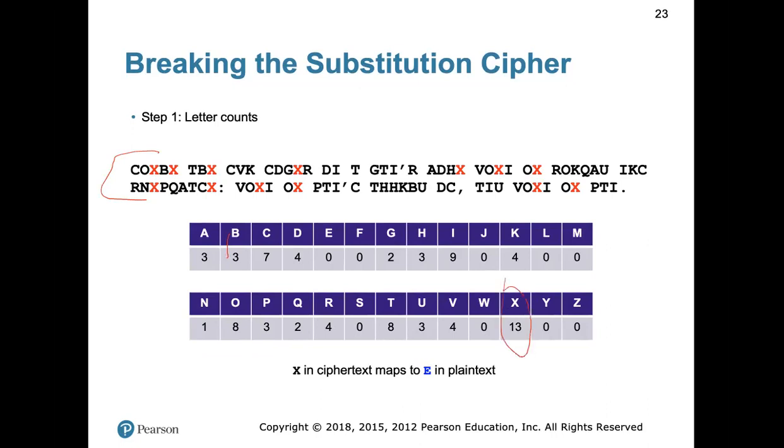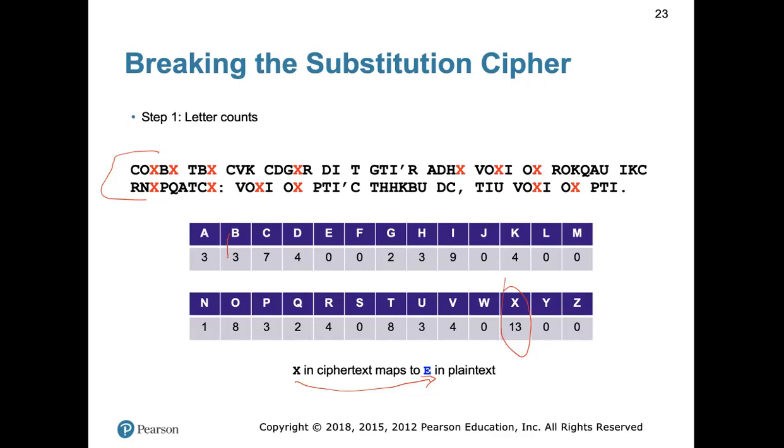X has repeated 13 times, and this implies that X should be E. X is used as a representative of E, which means that X in the ciphertext is E in the plain text.